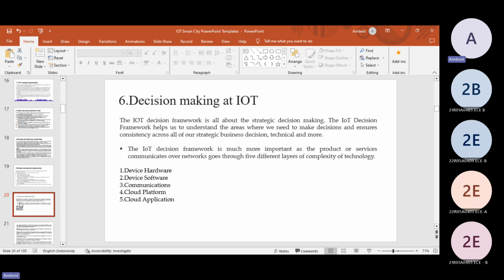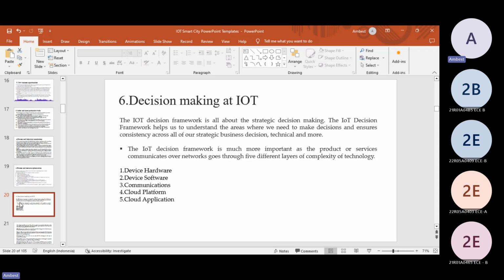So this framework is all about strategic decision making, where the IoT decision framework helps us understand the areas where we need to make decisions and ensures consistency across all strategic business decisions. It is also important for products and services, which communicate over networks through different layers.